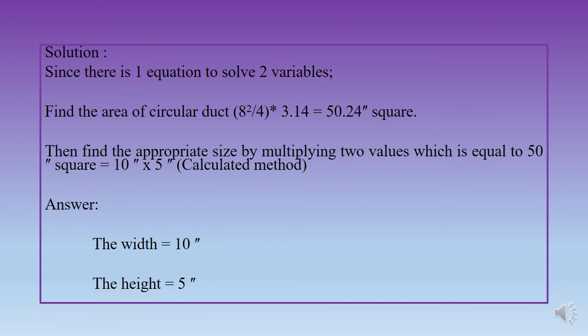Of course, the best is 1 to 1, but if there's no nearest value that we can get, we can also use width times height with a ratio of 2 to 1.